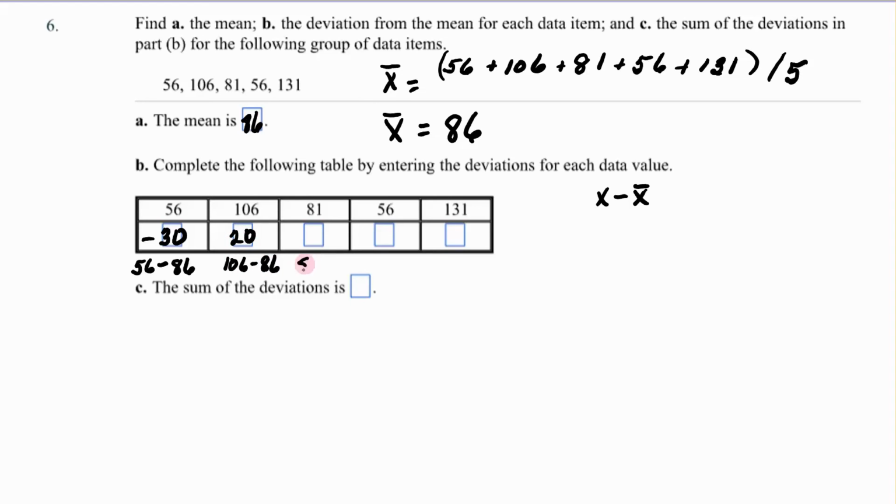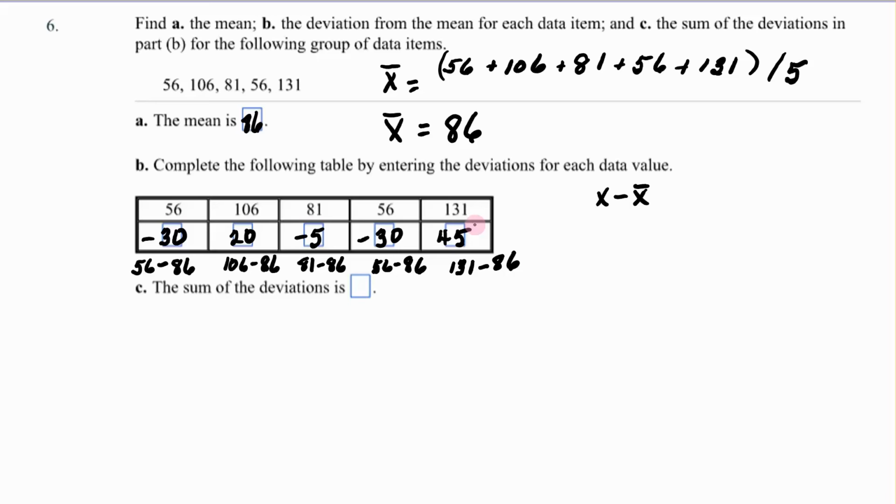I have 81 minus 86, negative 5. 56 minus 86, again, negative 30. And 131 minus 86, which is 45.